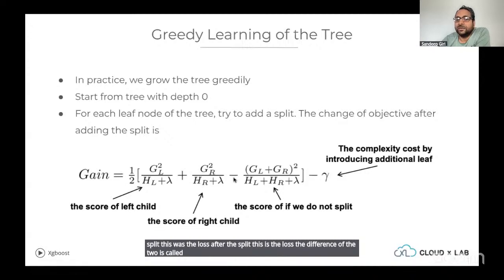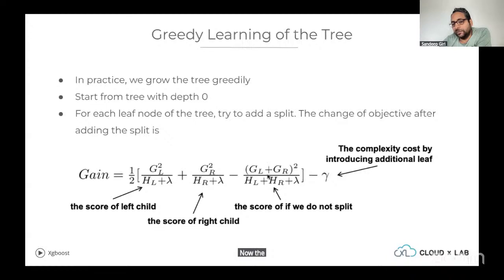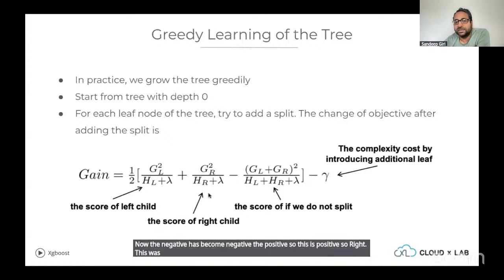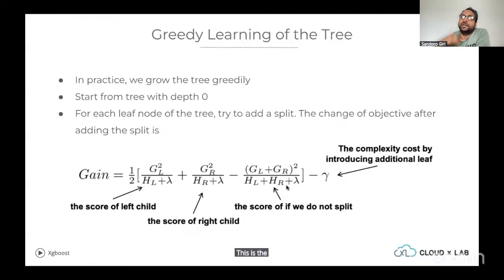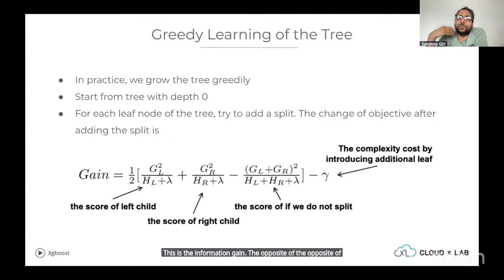Notice that it was negative. Now the negative has become positive. This was previous, we subtract this. So this is the information gain that we are having. This is the information gain, the opposite of the objective function.